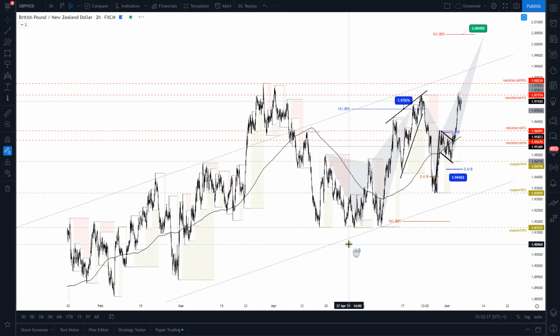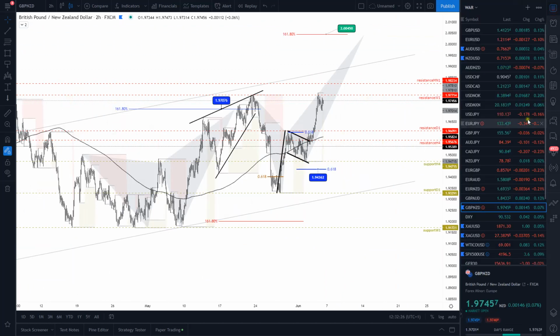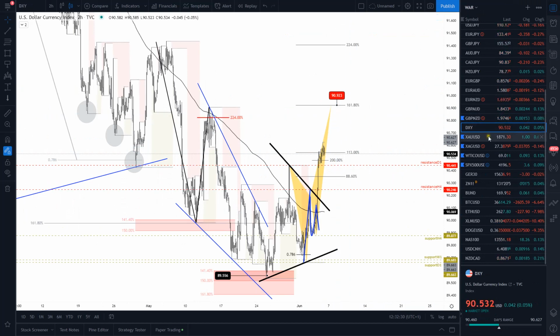Let's see if the market will go there. It's a nice psychological price zone, so let's see if that crab pattern forms above for the pound versus the New Zealand. The Dixie, as I said before, the crab pattern above.